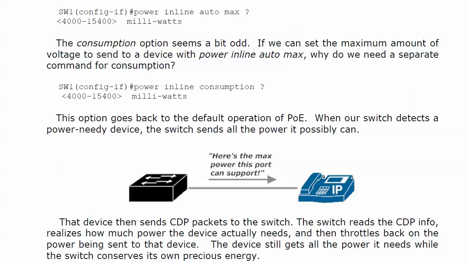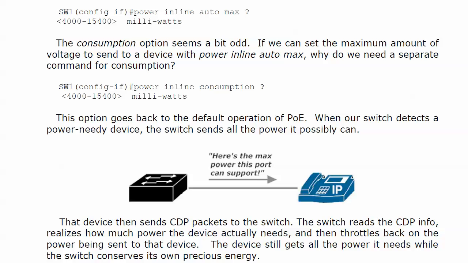It's going to send all the power that that particular port is allowed to send. Well, in turn, the device that's getting the power is going to send CDP packets to the switch. And of course, that's how we were able to see we had a Cisco IP phone. Now, the switch reads the CDP info, realizes how much power the device actually needs, and then throttles back on the power being sent to that device.